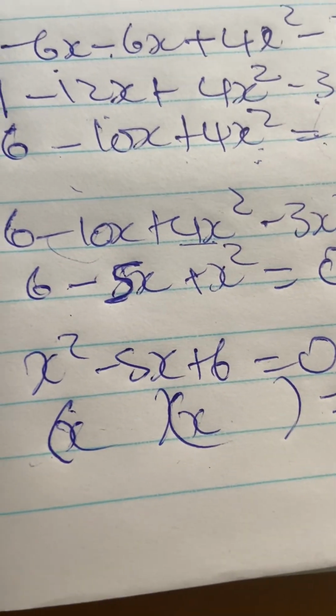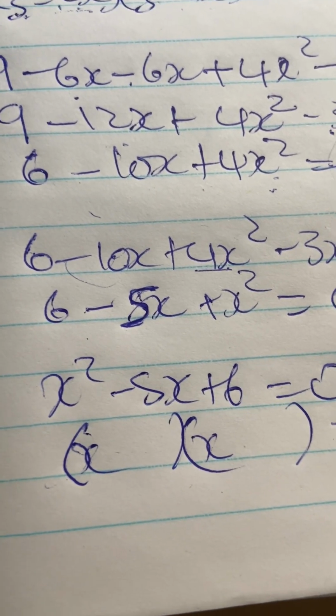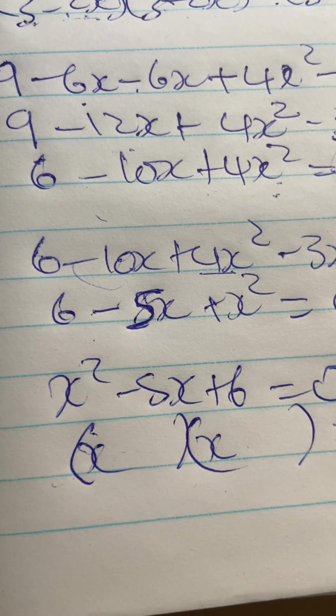So the factors of 6 that are going to give us minus 5 when we add them. Okay, let's write them down. It's going to be x, and x, and the factors of 6 are going to be 3 and 2.